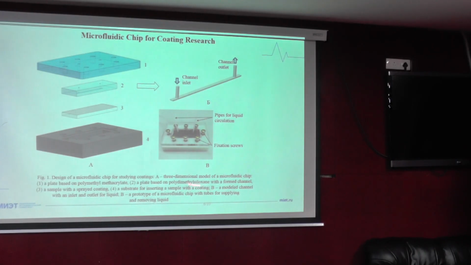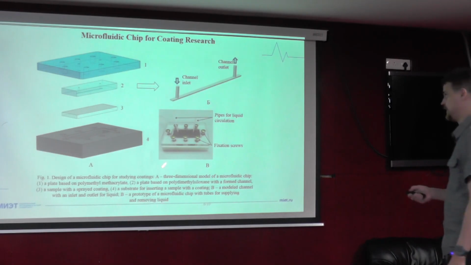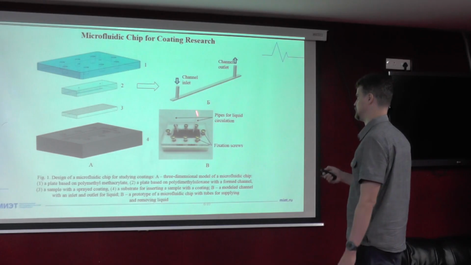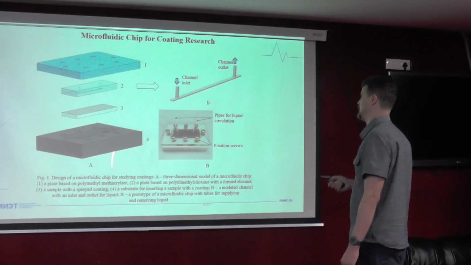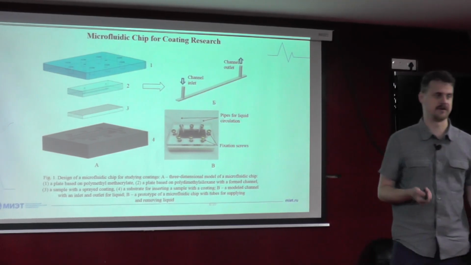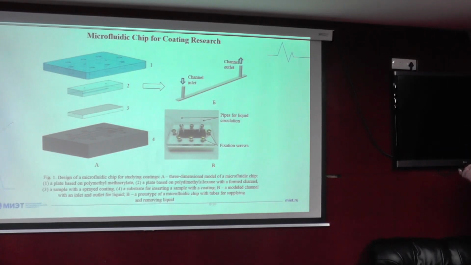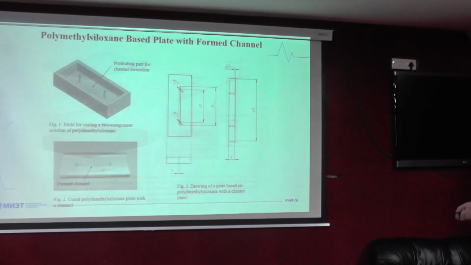So basically that's the initial implementation of this system. So we have the fixation of screws that basically create the pressure hard enough to make sure that there is no leakage of the solution. And there are pipes to acquire the constant circulation of the fluid within the system.